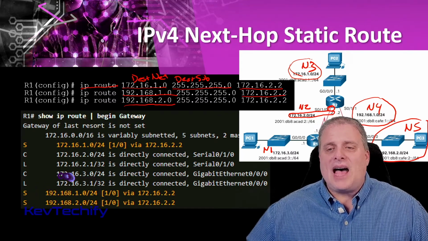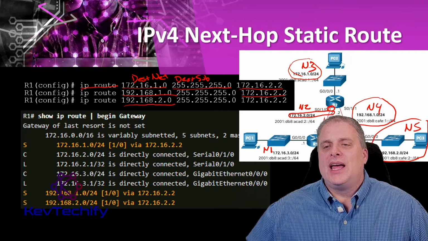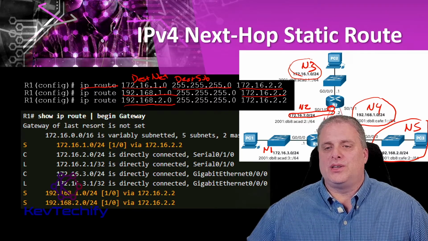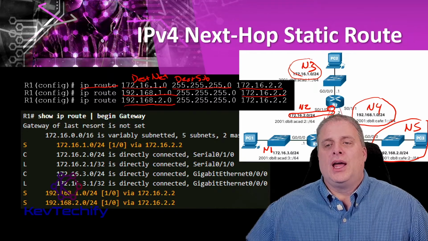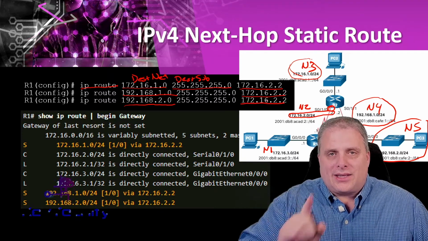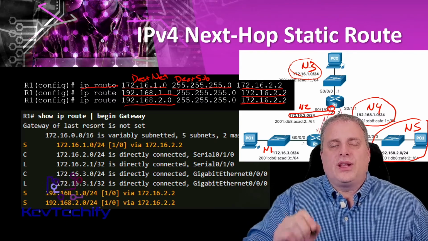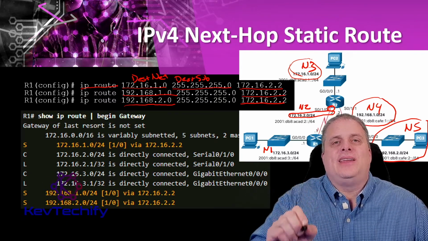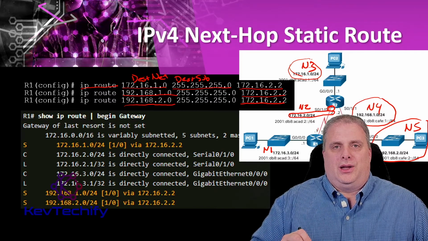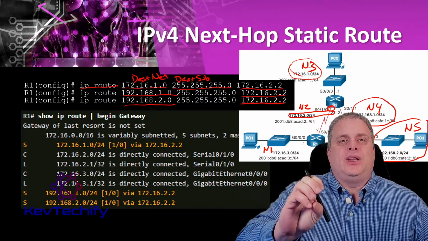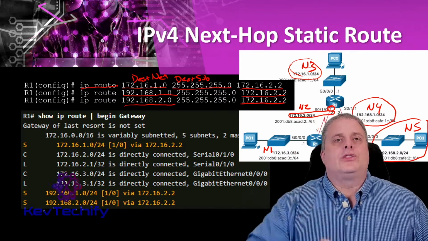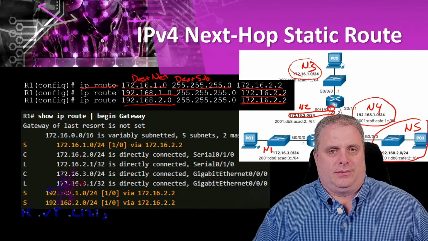The next hop IP address is the address up here of serial 0/1/0, again, that 172.16.2.2. Yes, there is a pattern. When you set up your static routes and you're using next hop IP addresses, they're typically going to be the same IP addresses as long as they're going out the same direction.